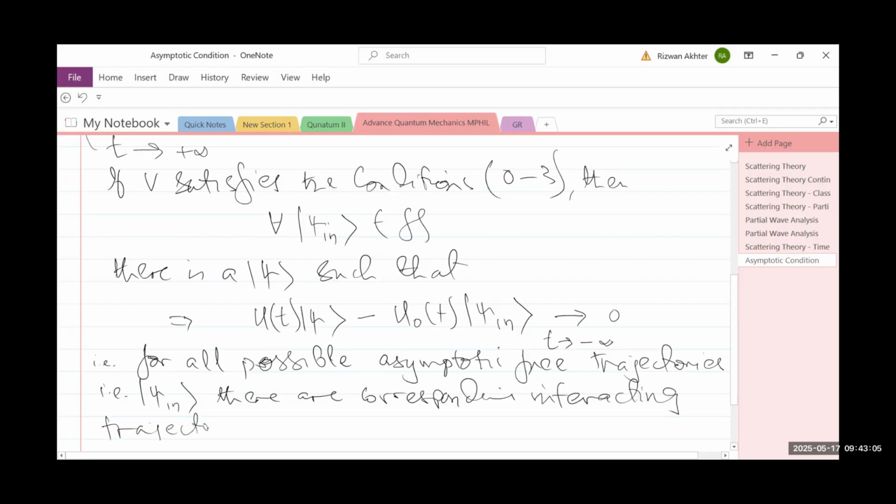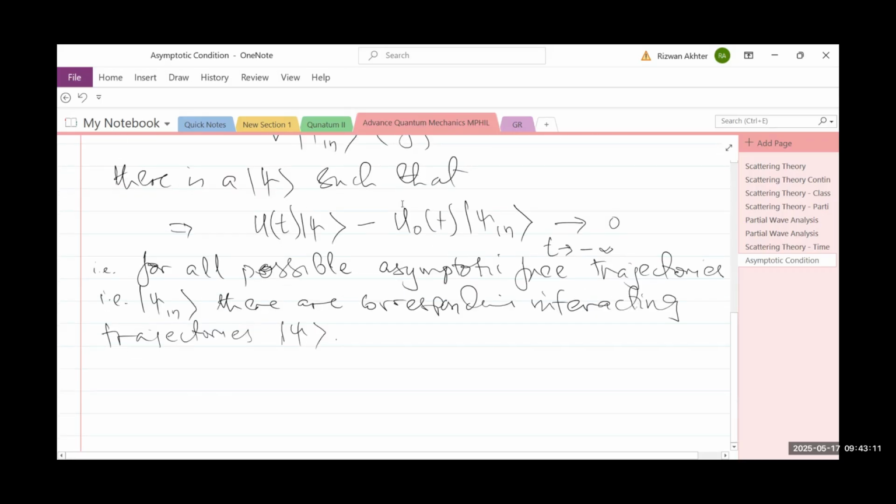So you can see we are basically relating psi in with psi, and that tends to a free trajectory. दूसरे लफ्जों में we are saying that this interacting trajectory psi is tending towards a free trajectory psi in. Psi in का मतलब है that is the vector at t equals minus infinity. Psi out का मतलब है कि that is the vector at t equals plus infinity.